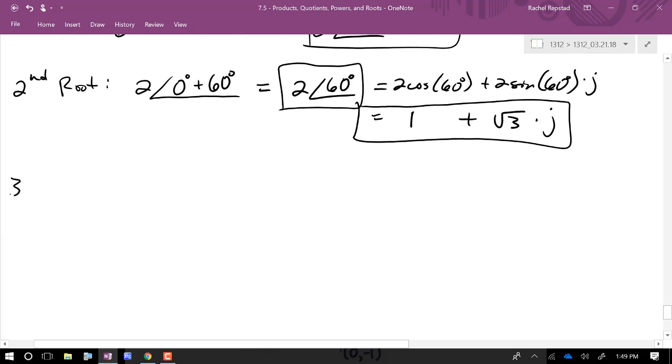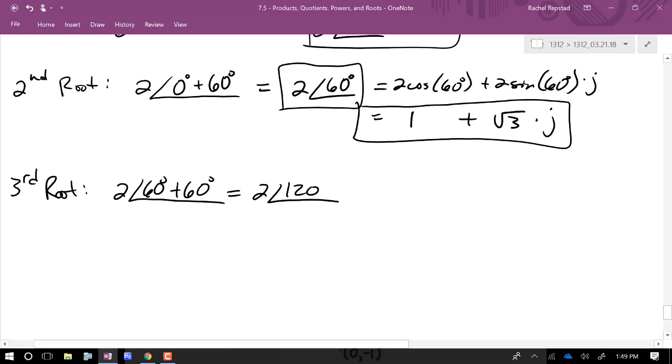Let's get our third root. What do we do to get our third root? Add 60 again. They all have the same modulus. You just keep adding 60. So I take the 60 degrees, I add another 60, and we have 2 at 120. And so there it is in polar form. We can get the rectangular form.